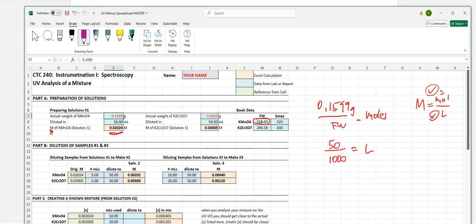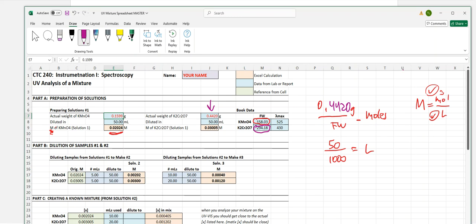So what this means is that we do the same over here for the chromium. Instead of 0.1599 grams, we weighed out something different. And in this case, it was 4420 grams. I still divide by the formula weight, but this time I'm going to divide by the formula weight of K2Cr2O7. 294.18 is that formula weight if you need it.